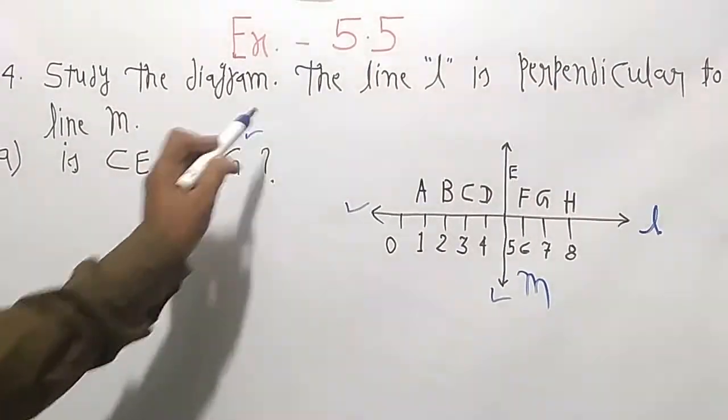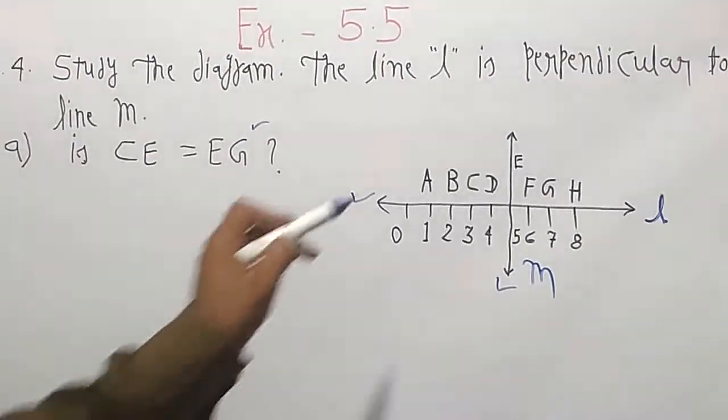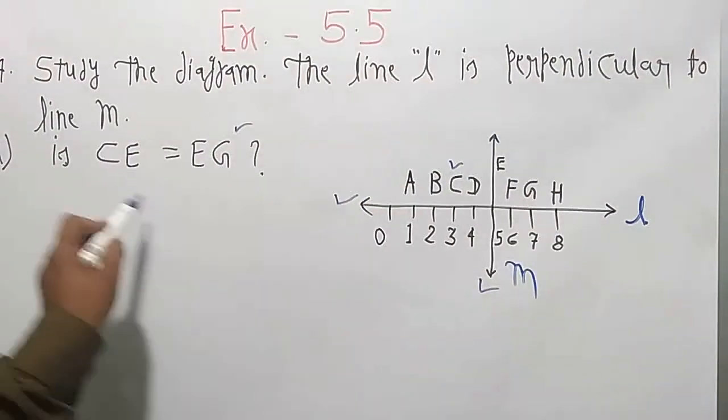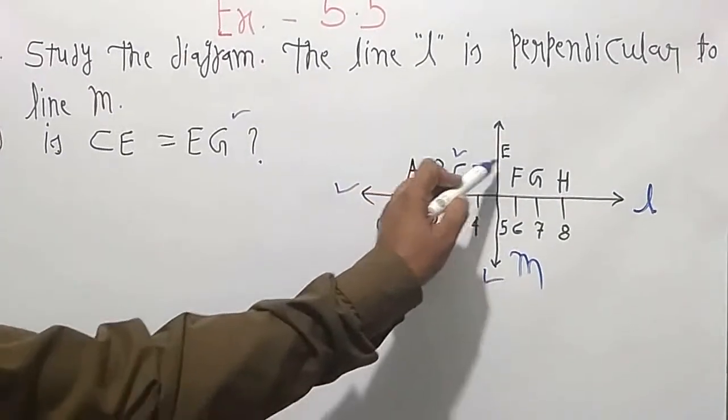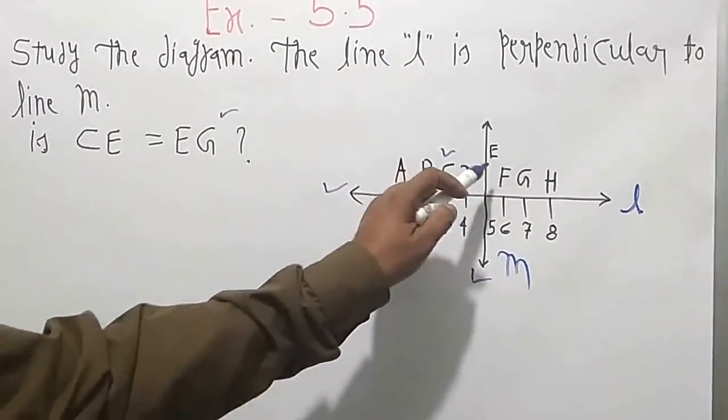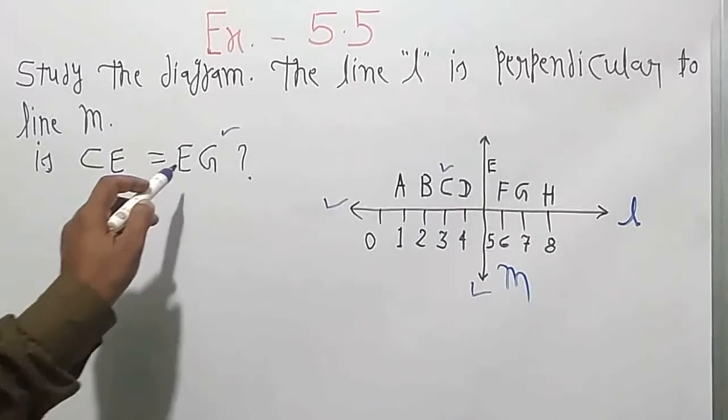This is our question. Where is C? It is C, D, E. So there are two units in between C to E. And this is EG.